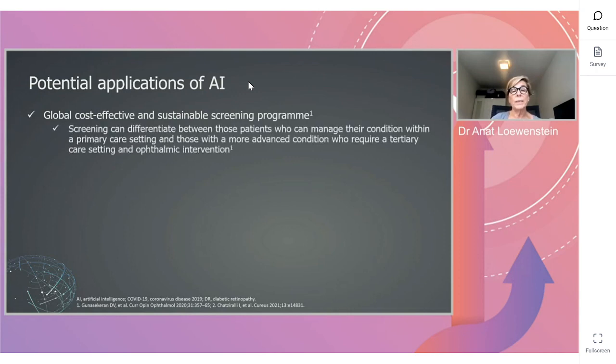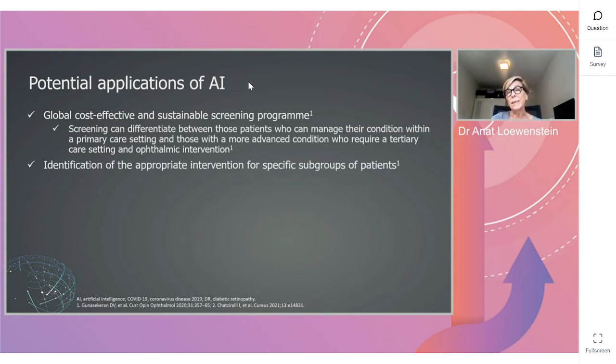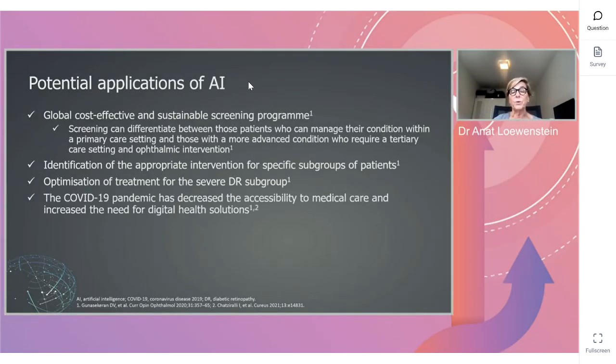So how can we use AI? We could differentiate between patients that can be managed by their primary care physician and patients who require tertiary referral centers, such as one good example is the IDX in the United States that just says if the patient needs referral or not. This is already a use of AI that can be helpful. It can also help us optimize the treatment for severe diabetic retinopathy.